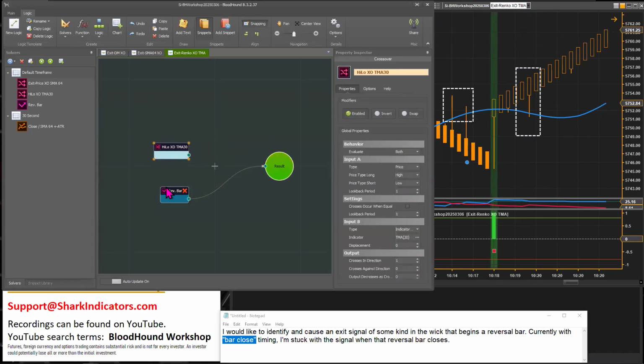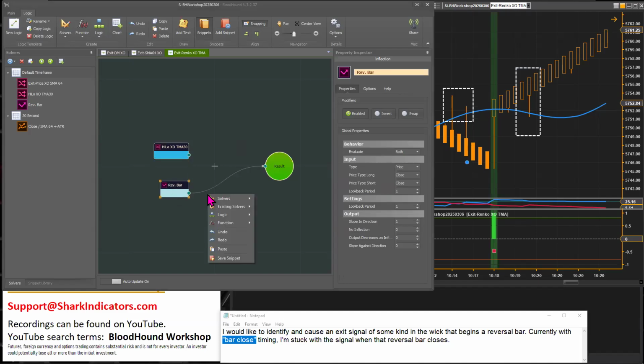So instead of using the signal blocker, since we had this issue, we're going to use the opposite function node here.